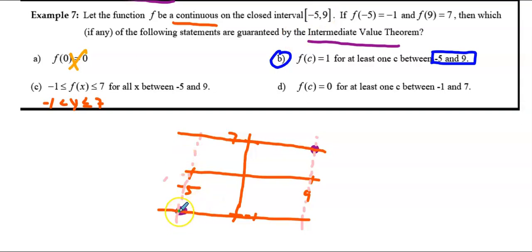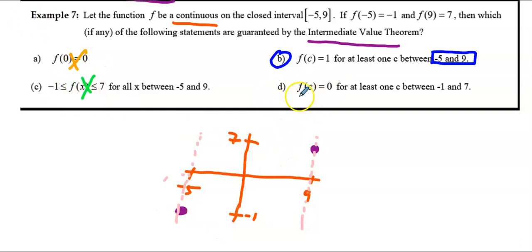Remember, these are the y values. I can go in the basement, and I can go up to the attic. So this is not true. My y values are not restricted like my x values are. I have to be between negative 5 and 9. Again, the walls contain us, but we can go in the basement and upstairs in the attic. So that one is not true.